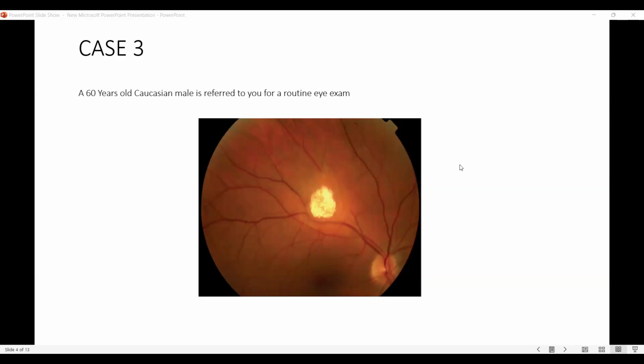Nothing else can be appreciated in the rest of the fundus. This looks like an astrocytic hamartoma, a hamartoma of tuberous sclerosis.